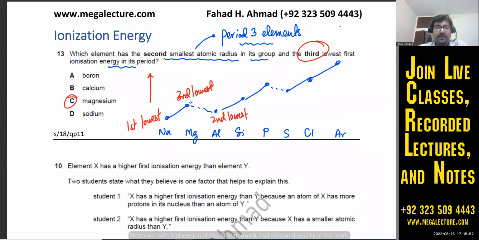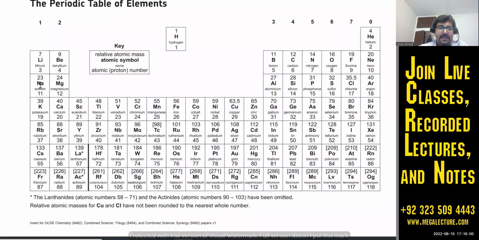So I'm going to repeat the question. The question was that it should be the second smallest atomic radius in its group. If you pick any group, the second smallest is going to be the second atom in the group. Fluorine is going to be the smallest, chlorine is going to be the second smallest.